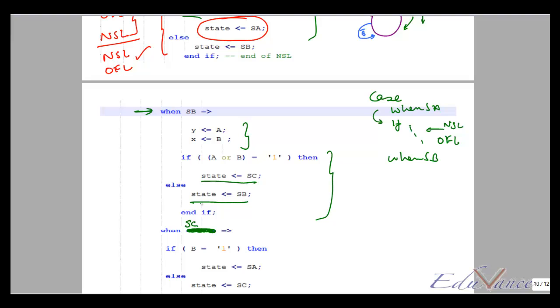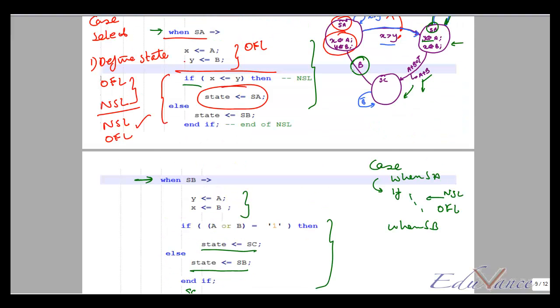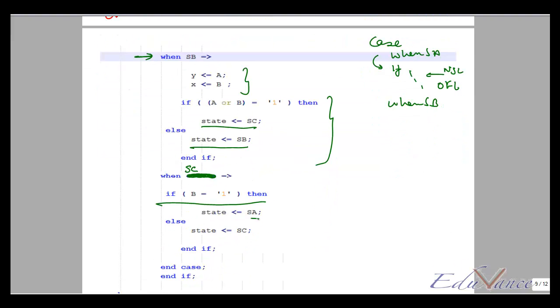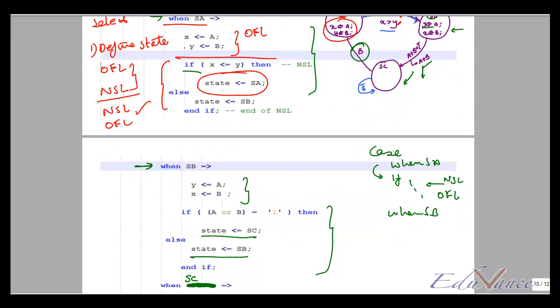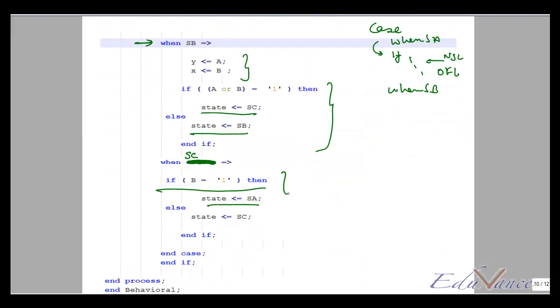And when I have state C, I say if B is 1, which was this condition, then I go to state A, else I stay in state C, which is here. So again, this was your NSL, or your next state logic.